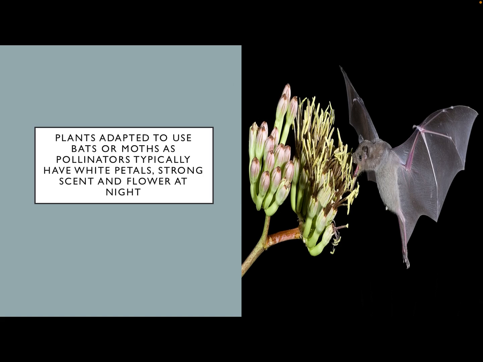See, here I am going to show you the picture of a bat which is sucking the nectar or pollen from a flower. You can see it very clearly here how it is going to pollinate this flower. Plants adapted to use bats or moths as pollinators typically have white petals, strong scent and flower at night. You know, bats are very active in the night.